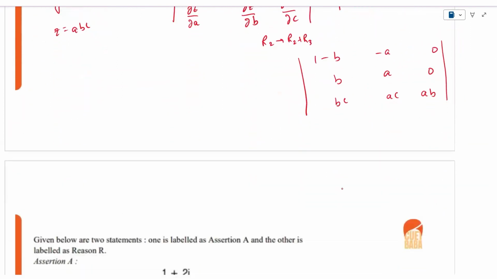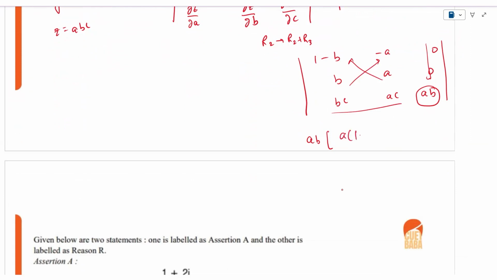And we will expand this matrix along this element. So AB and this one will get cancelled out, and we multiply these two.